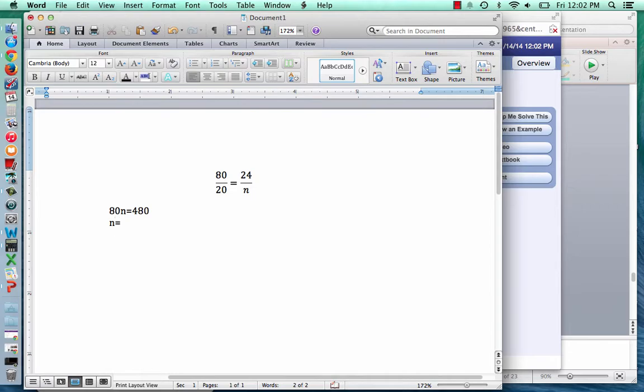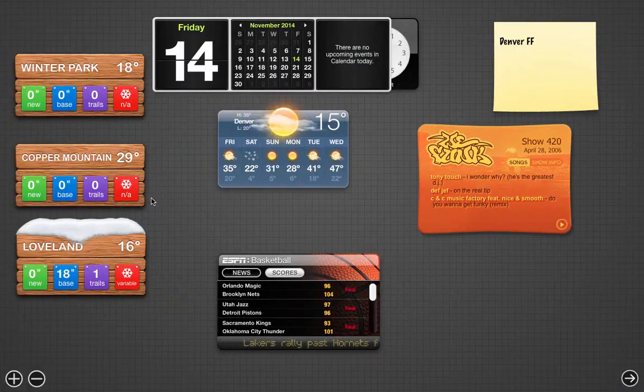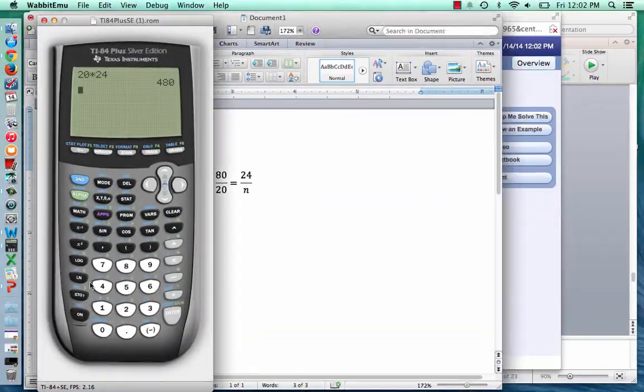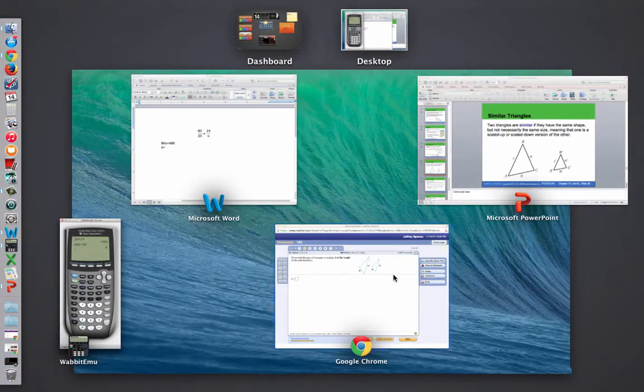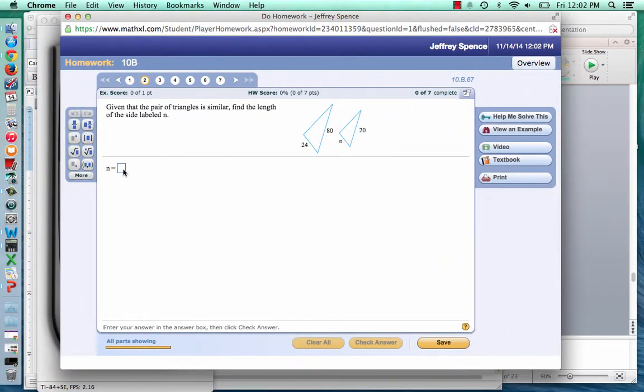So n would be 480 divided by 80, which is 6. Okay, so the missing side is 6. So that's a pretty easy problem. You just solve it with a proportion. Got to remember to cross multiply.